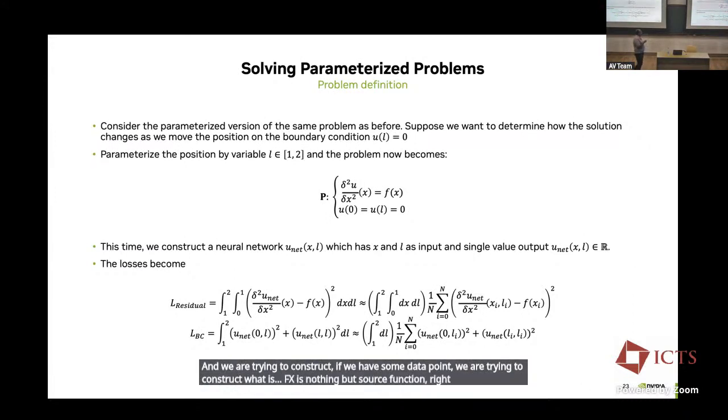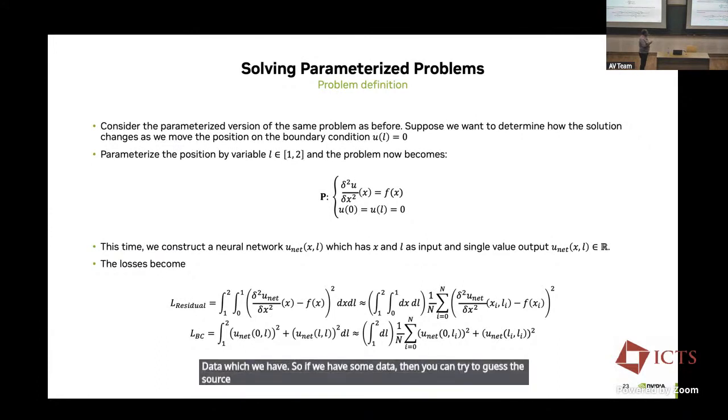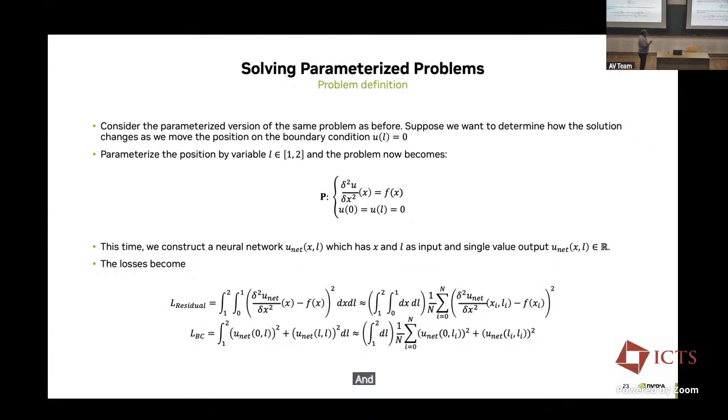In this differential equation, f(x) is the source function, and we are trying to guess the source function from the data which we have. So if we have some data, then you can try to guess the source function. And if you put the loss function and train, you can also guess the source function, okay?